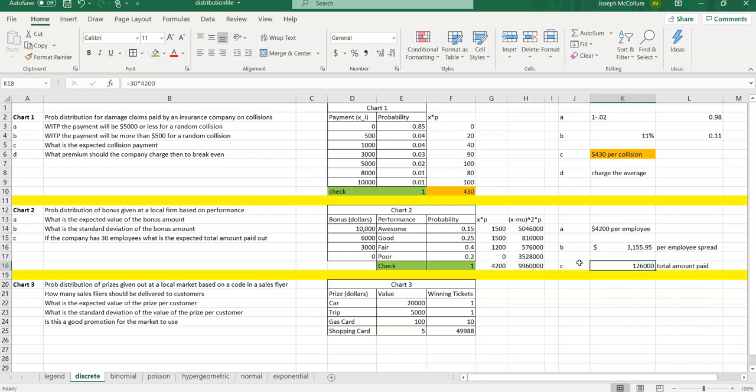If it's $4,200 per person, that's the expectation, and you have 30 employees, you multiply the two numbers, and you'd expect to give out $126,000 in bonuses. So we got to make sure that we do have that number somewhere in our account to pay off the bonuses for this quarter, for this month, whatever this performance measurement is out of.